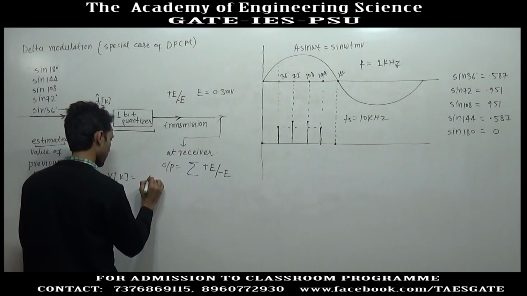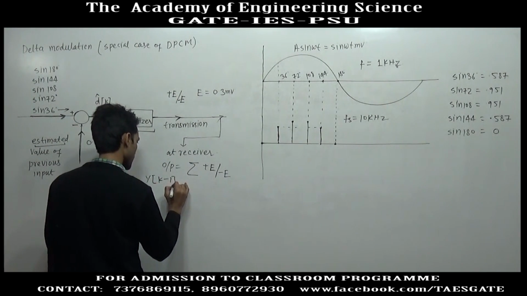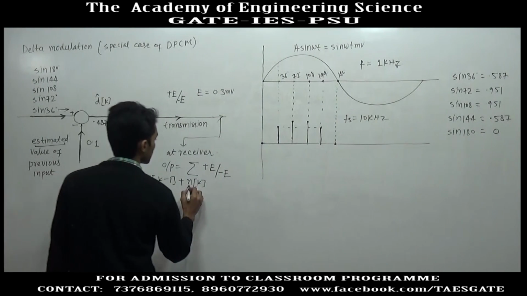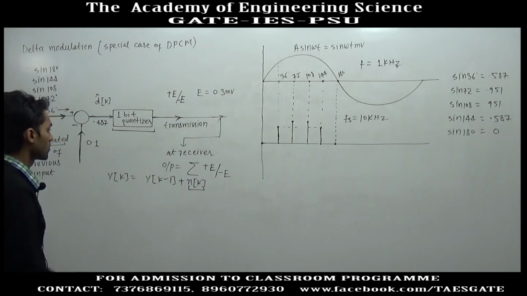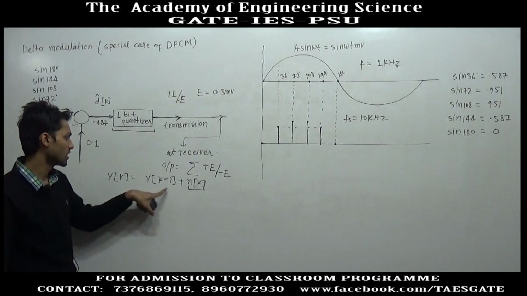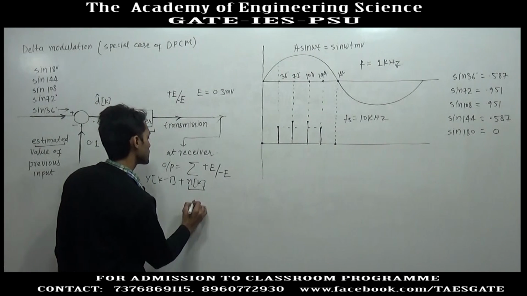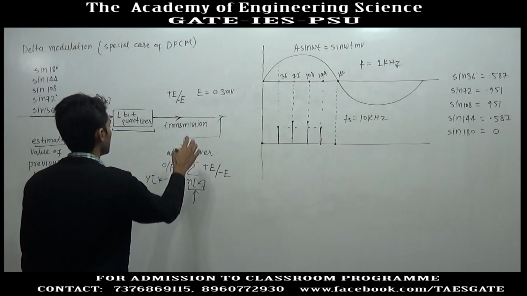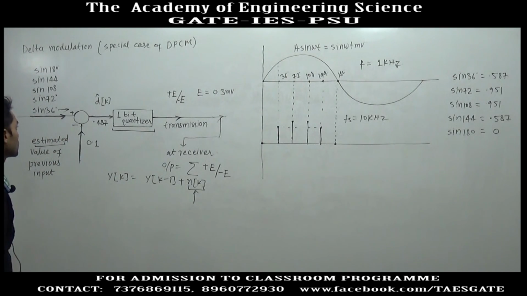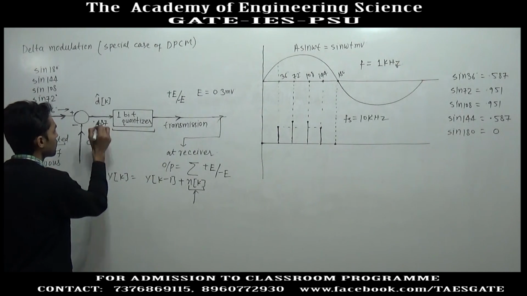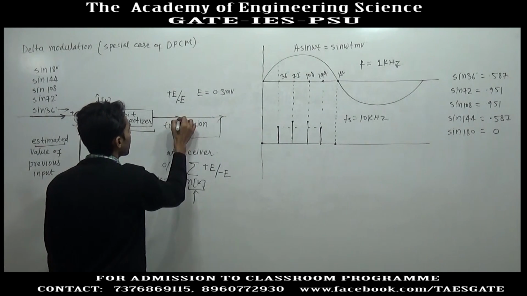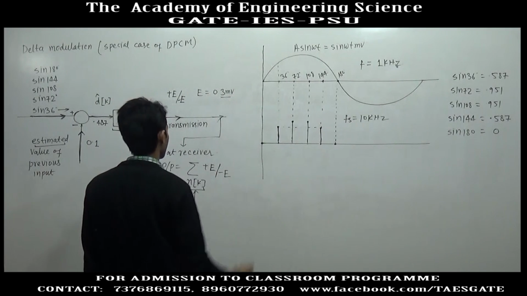From the block diagram of the receiver we can write yk is equal to yk minus 1 plus xk, and xk is nothing but the transmitted signal. Xk is either plus E or minus E. So the first input to the 1-bit quantizer is 0.487. Since it is positive, the first output of the quantizer will be 0.3 millivolt.